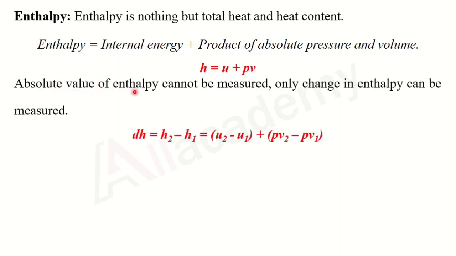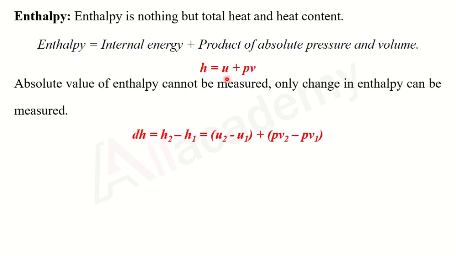Now the absolute value of enthalpy cannot be measured, but only the change in enthalpy can be measured, because the internal energy is changing with respect to time, so it is quite difficult to measure at a particular time. So the change in enthalpy is denoted by delta H or dH, that is H2 minus H1.